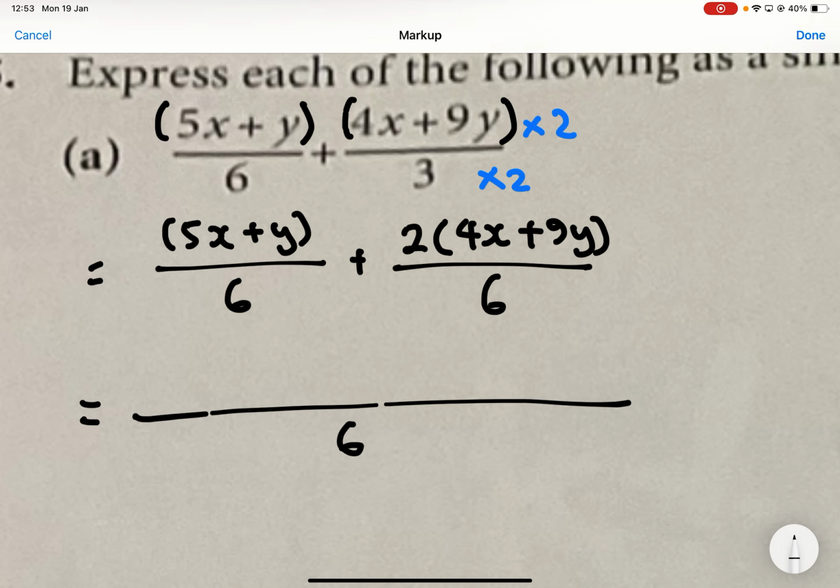Then my numerator, I don't need to multiply anything, I don't need to change it. So I can open up the bracket. It is just 5x plus y. Okay? Before I add another bracket.